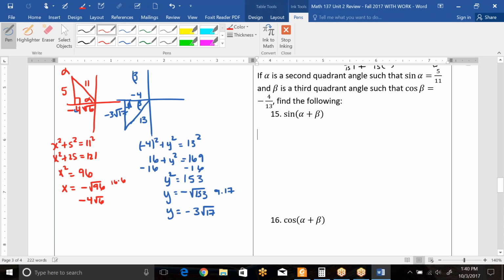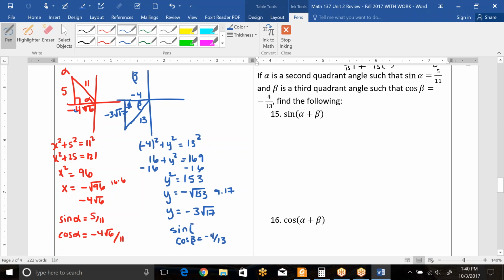Okay. So what we can find from this is, remember, the sine, cosines, and tangents of all these. But since we're doing the sine addition formula, we only need sine and cosine. So we already know sine of alpha is 5/11. We now know that cosine of alpha is -4 square root of 6/11. And then we knew that cosine of beta was -4/13.